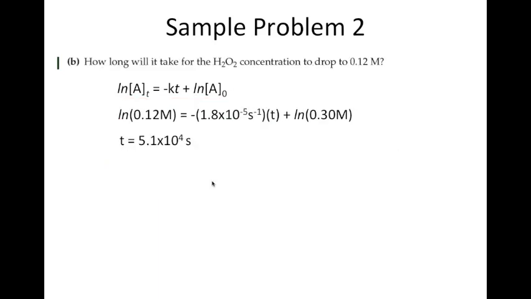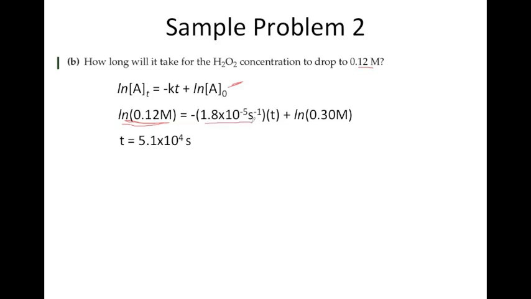Now for part B, our question says, how long will it take the concentration to drop to 0.12 molar? So here, I'm looking for a time. Again, I'm going to use my first order integrated rate law. I know the concentration after some time is 0.12 molar.